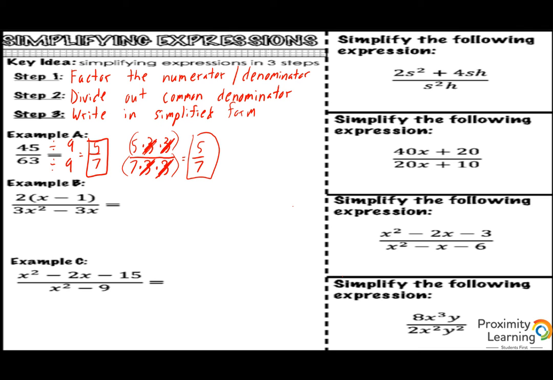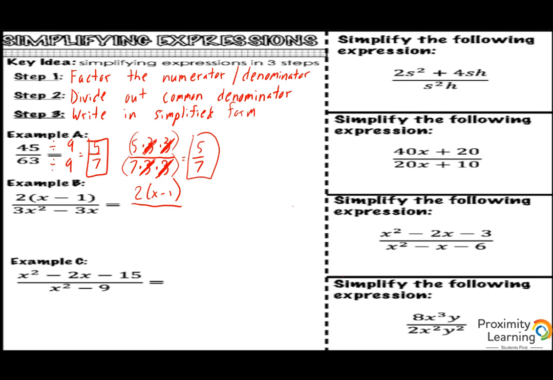So let's take a look at example B. All right. We have 2 times x minus 1 in the numerator, and then in the denominator we have 3x squared minus 3x. All right. So 2 times x minus 1 is as simplified as it can get. All right. That is it factored out already.